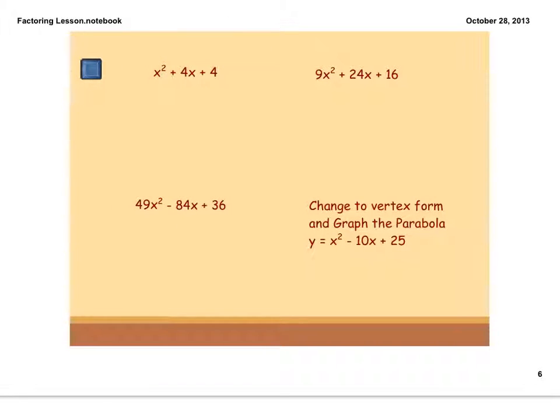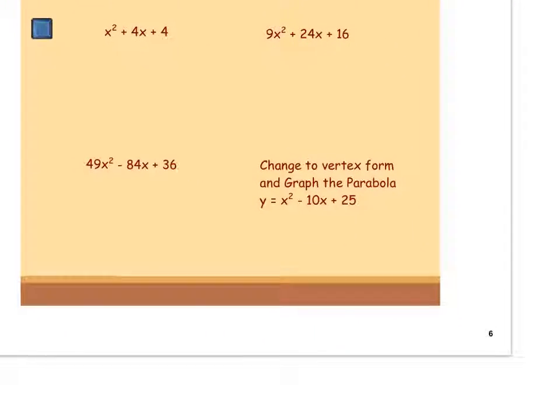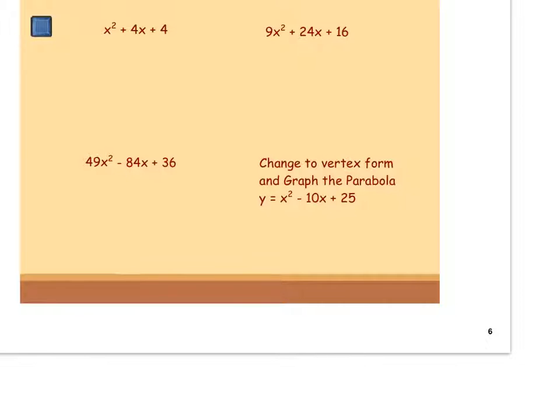All right, now when I look here at this slide, the reason I bring this up is that these guys are the special factoring. So these are perfect square trinomials. What is a perfect square trinomial? It's basically a trinomial that is the result of squaring a binomial.